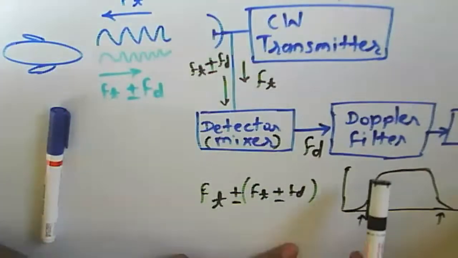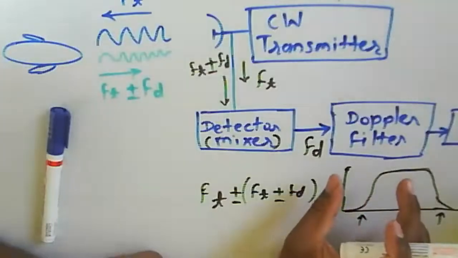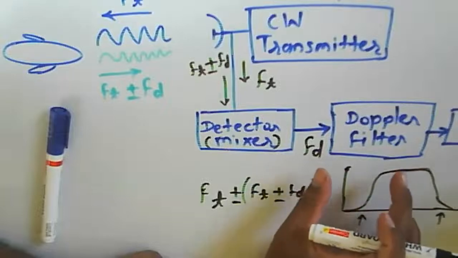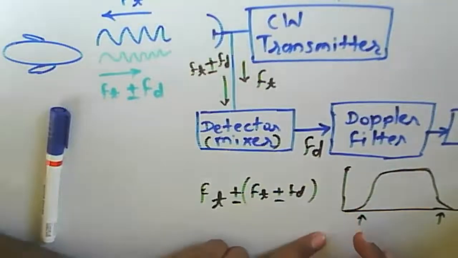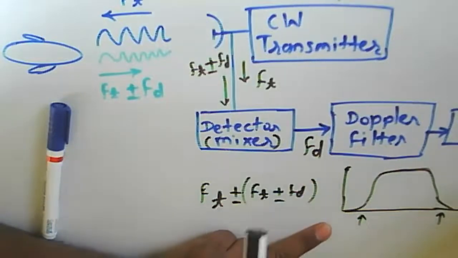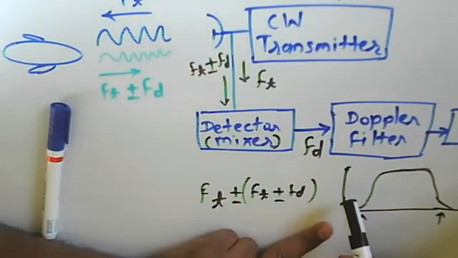So we consider that this particular Doppler filter may have a very low minimum signal, a low fd, as the initial range. In that case, it will consist of environmental reflected signals, which we call clutter.